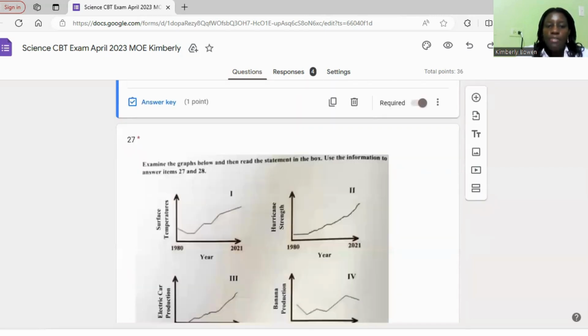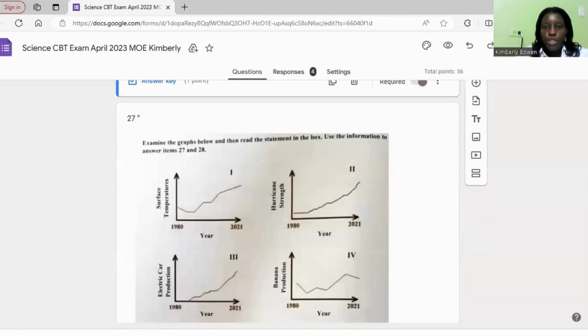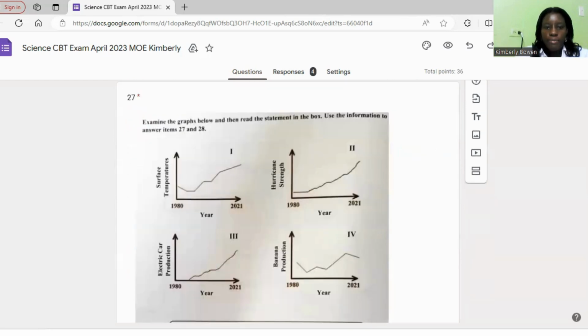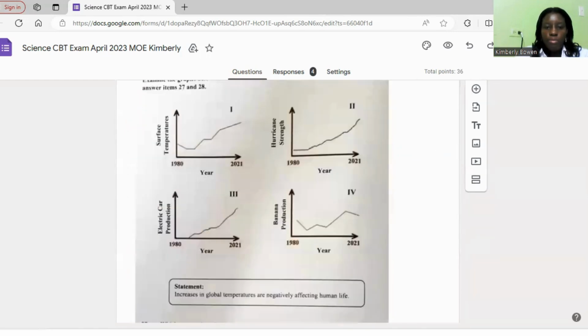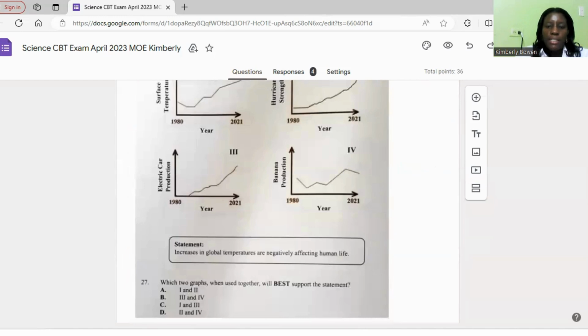Examine the graphs below and then read the statements in the box. Use the information to answer items 27 and 28. The statement reads, increases in global temperatures are negatively affecting human life.